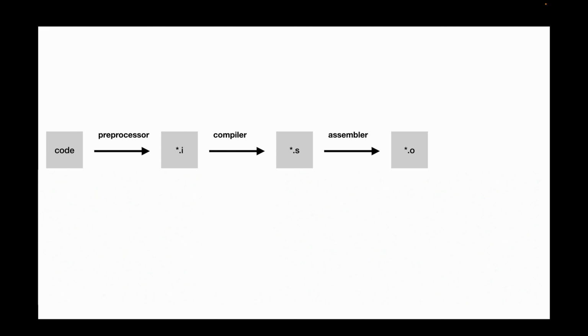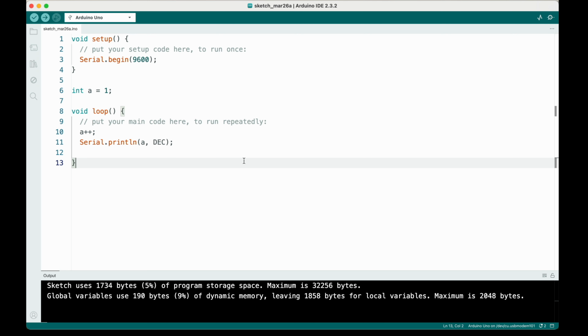We now have object files. The next step is the linker. And the linker combines these object files from your code and any libraries. I haven't talked about libraries yet. In our code, we're using Serial. The code that implements the functionality of Serial is stored as an object file.